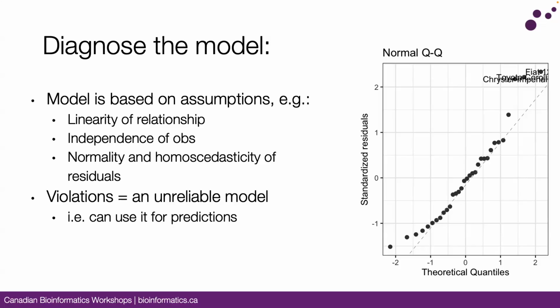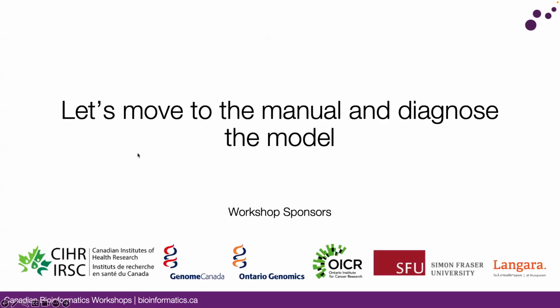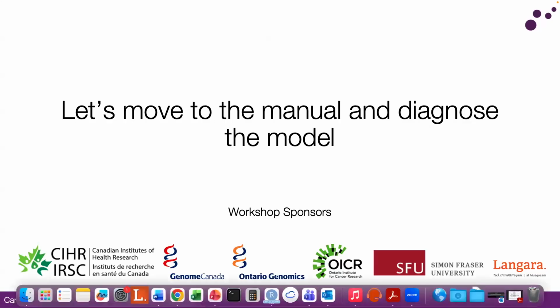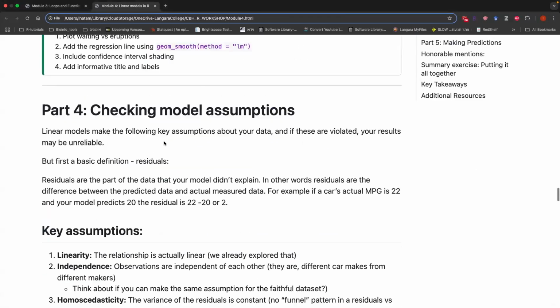What are all these? We'll talk about it in the manual. They are very big names, but very simple concepts. Violations of any of these mean that our model is unreliable, so whether we can use it for predictions depends on whether we violate those assumptions. So let's move to the manual and see how we diagnose our model and what it actually means.